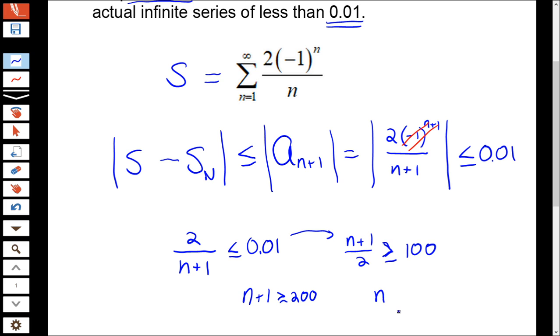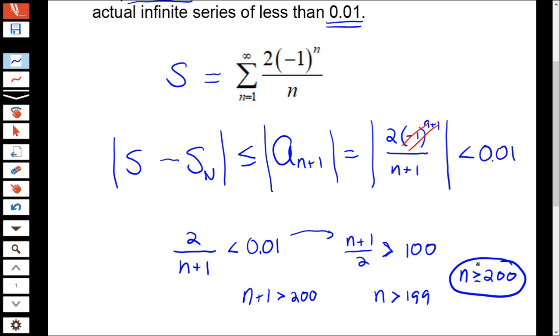So n has to be, this is going to be greater than, not equal to. It's going to have to be greater than 199. So as long as n is greater than or equal to 200, we're going to be within 100ths of the actual value of the sum.